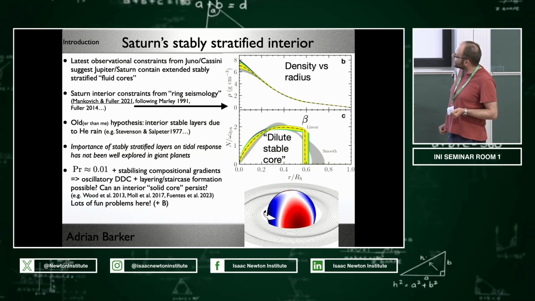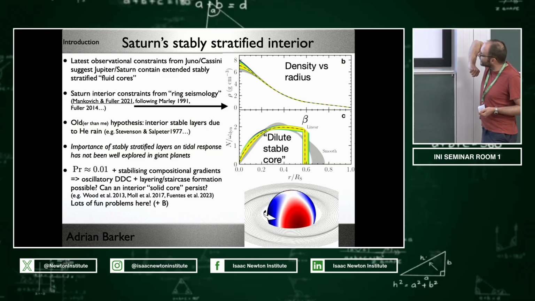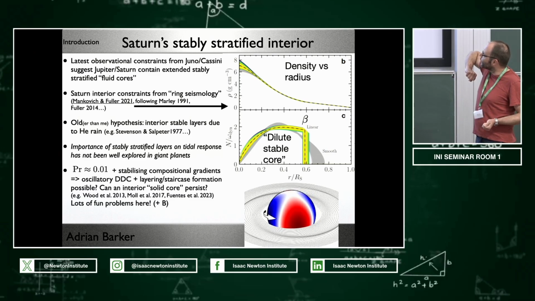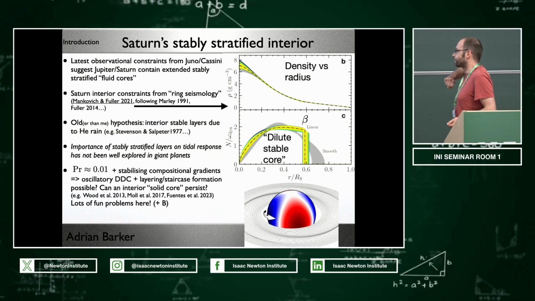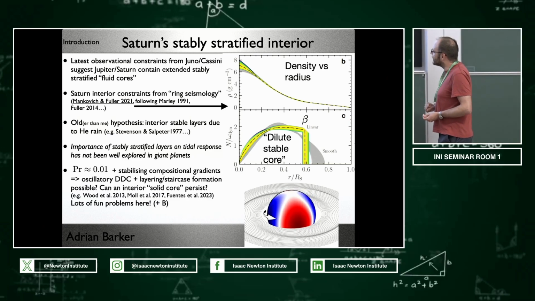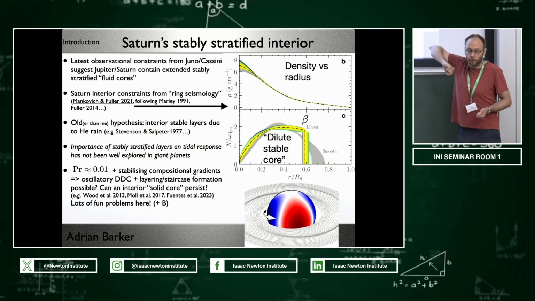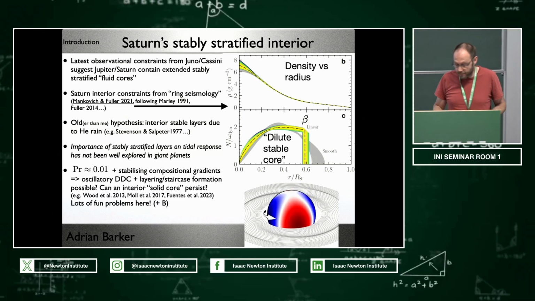And the observations from Mankovich and Fuller, which I've indicated up here, show a density profile as a function of radius in Saturn. There's also the buoyancy frequency profile in units of the dynamical frequency, which is the square root of GM over r cubed. And in their models, to explain these ring oscillation modes, they need a stably stratified core out to about 60%, possibly even more, of the radius that's quite strongly stably stratified, with buoyancy frequencies comparable with the dynamical frequency.